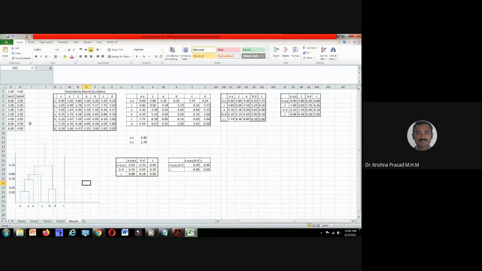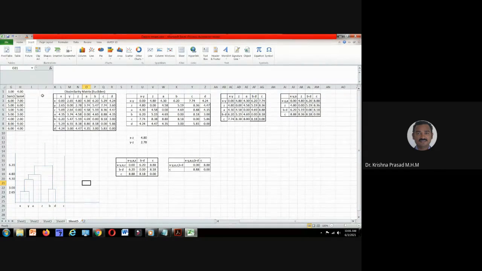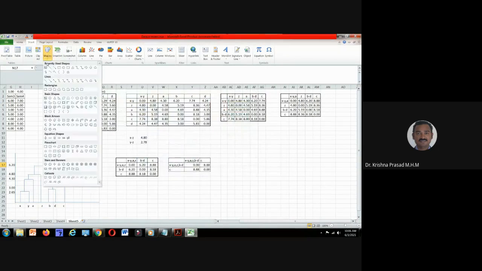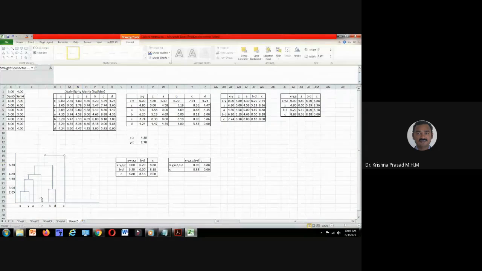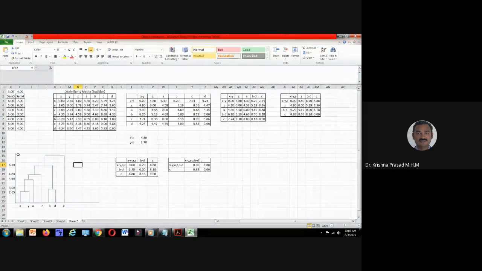Why drawing is fast and modifying. Right. At how much value? 8.88.